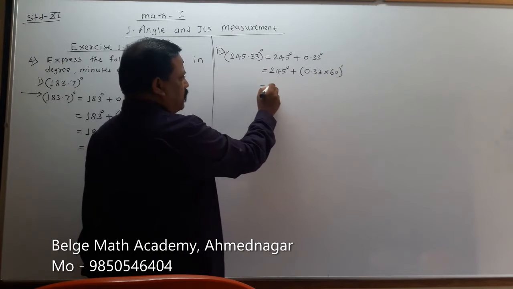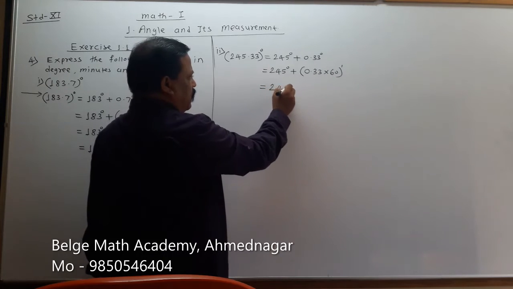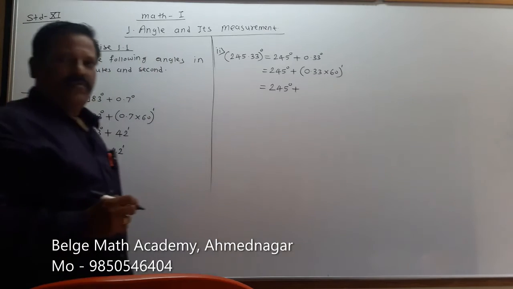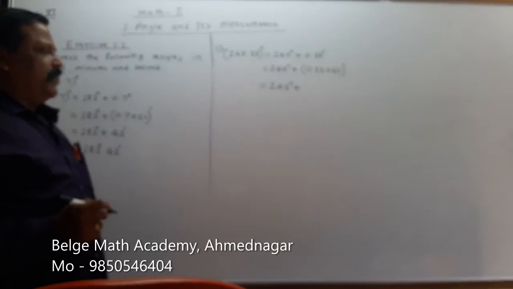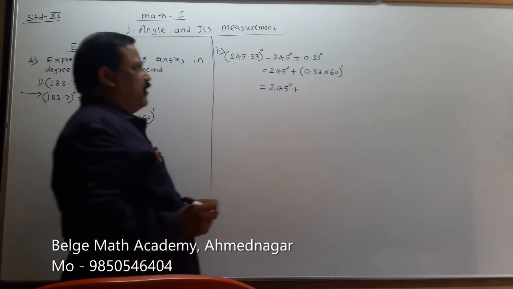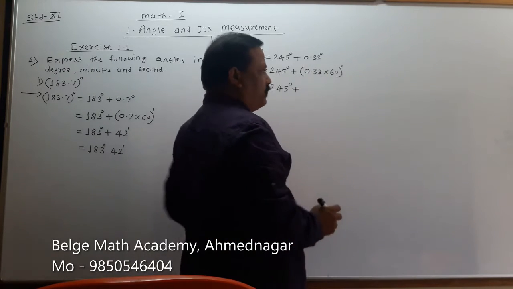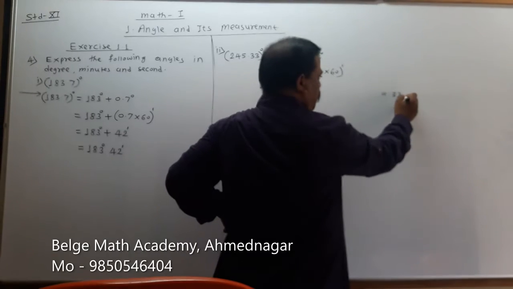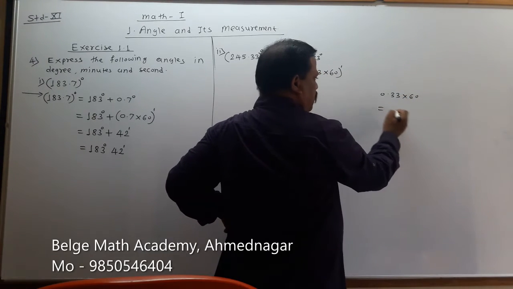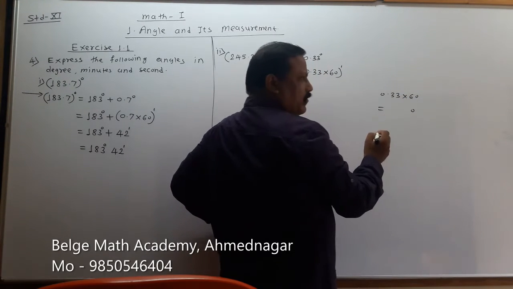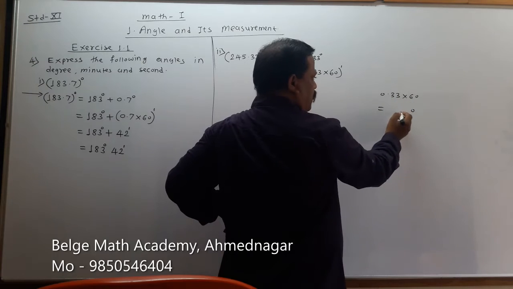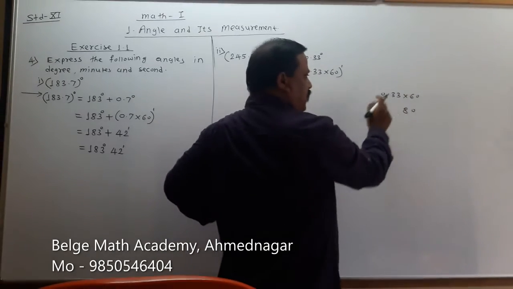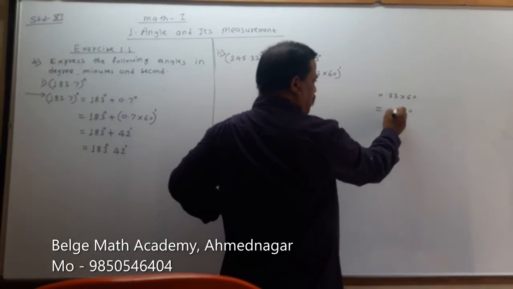Now see this: 245 degree plus, now this multiplication, 0.33 multiplied by 60. 6 times 3 is 18, 1 is carried, 6 times 3 is 18, 18 plus 1 is 19.